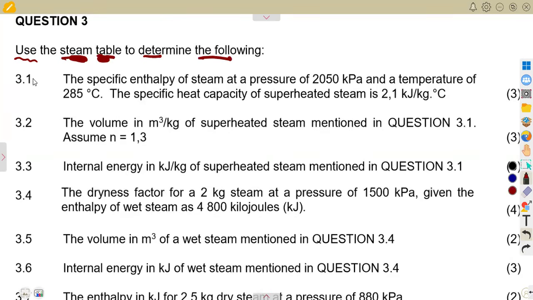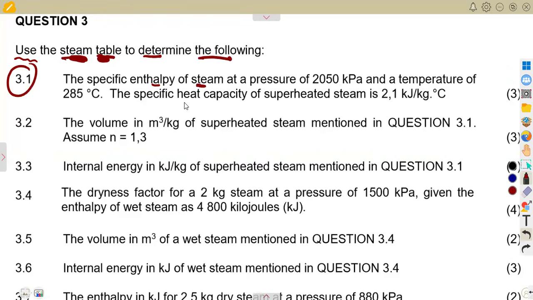So let's check the first question, 3.1. The specific enthalpy of steam. Take note: the specific enthalpy of steam at a pressure, this one, and a temperature of. So what are we determining? The specific enthalpy of steam. When you're given the specific enthalpy of steam, how is the steam given?